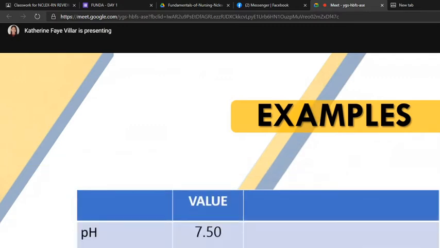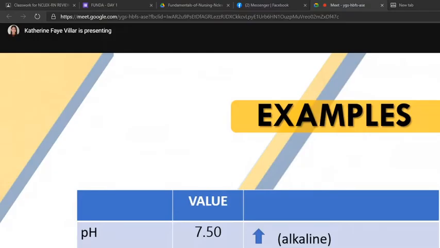Okay, next example, pH is 7.50. Is this acidic or alkaline? Alkaline. Okay, alkaline. About PCO2, 34. Alkaline. Okay. It's lower. HCO3.